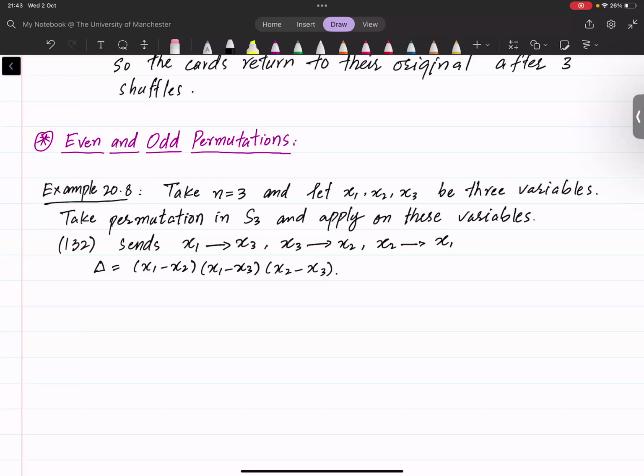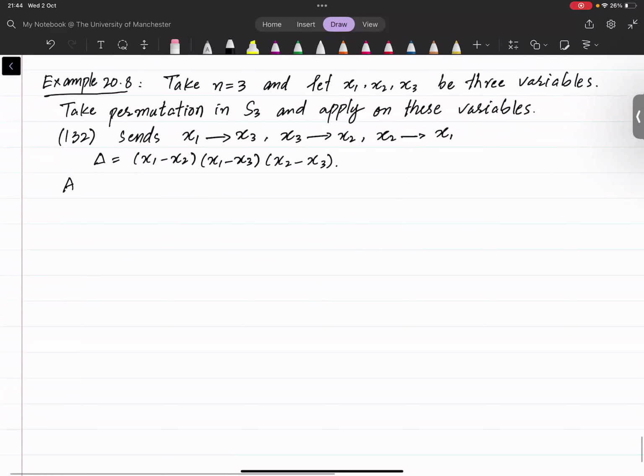Again, okay, now we can apply permutations in S3 to delta in an obvious way. So apply permutations in S3 to delta as follows.